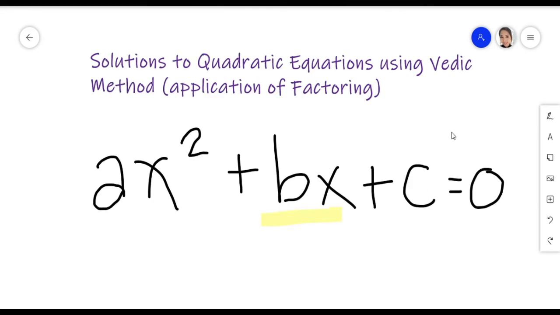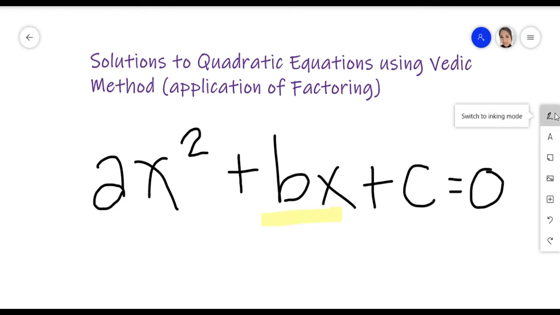So how do we find solutions to quadratic equations if the quadratic equation that you have has a linear term? This quadratic equation can be solved using the Vedic method, which is an application of factoring.